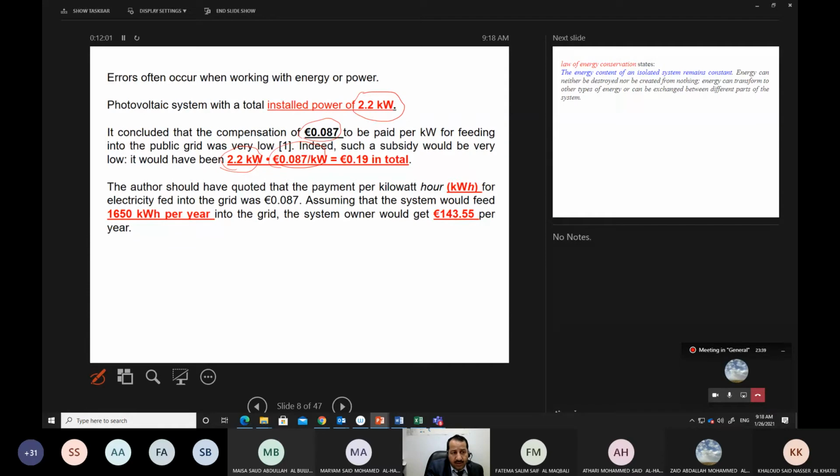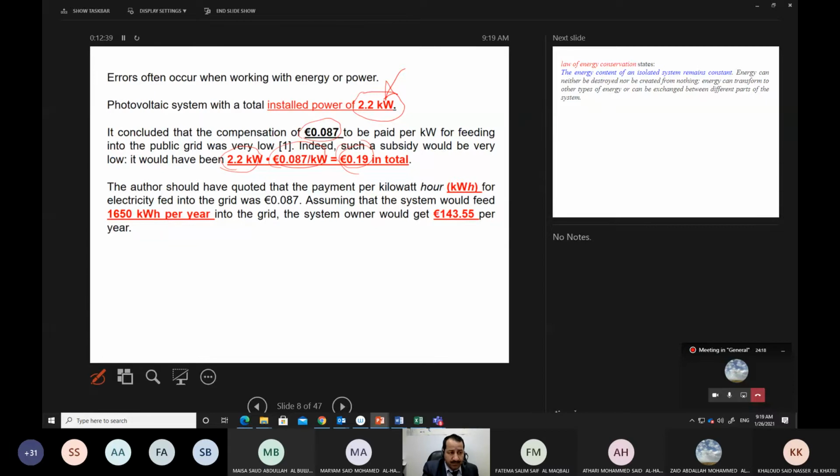It gives him a total cost of 0.19 euro. It tells him that the power cost by this system is 0.19 euro. So you may ask, it's a very small amount, so I will pay for the system maybe 4,000 or 5,000 at that time, just to take 0.19 euro, part of a euro. And this is wrong. We need to look to the long term. I mean, to the energy, how we produce, how much we produce, and for the long term.